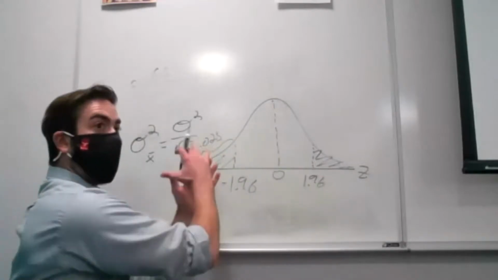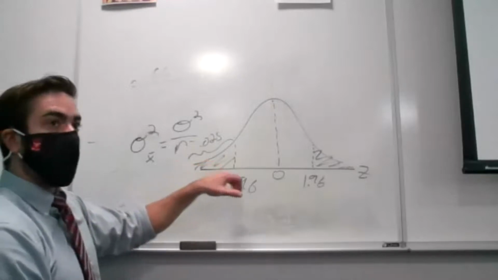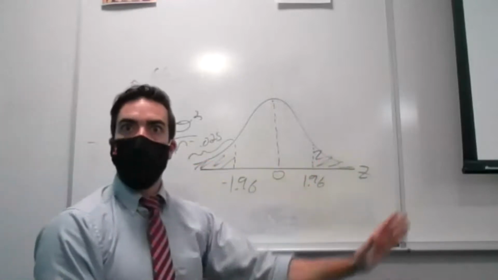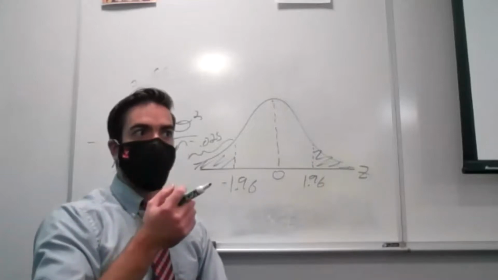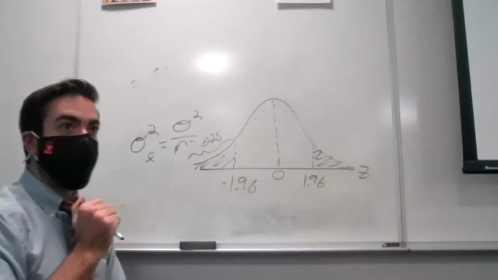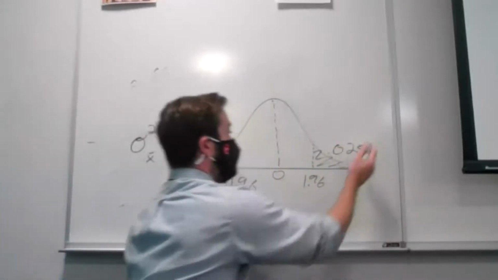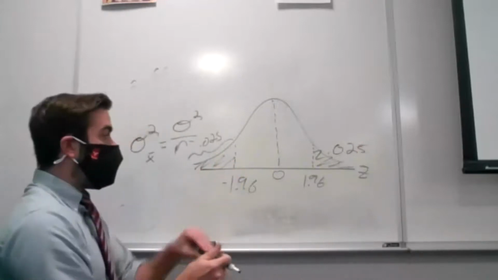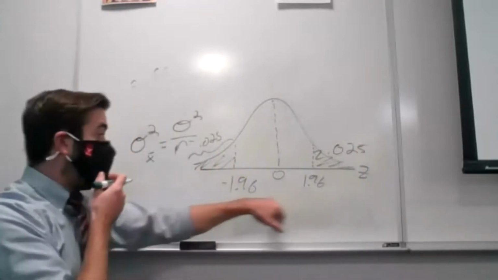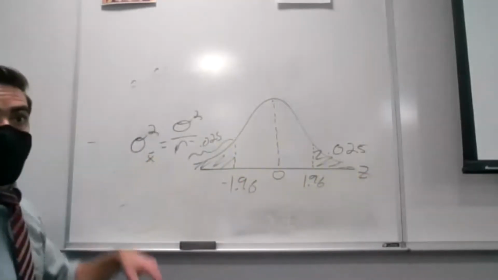So this should fold on top of itself. If the area to the left of -1.96 is 0.025, the area to the right of +1.96 would be 0.025, or 2.5%. If this folds on top of itself, the area to the right of the positive value would be the same as the area to the left of the negative value.